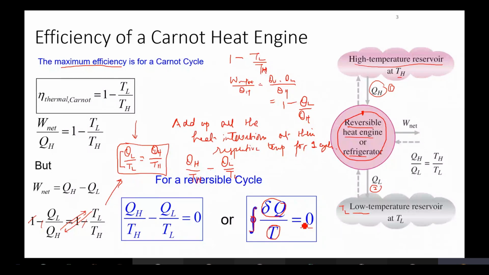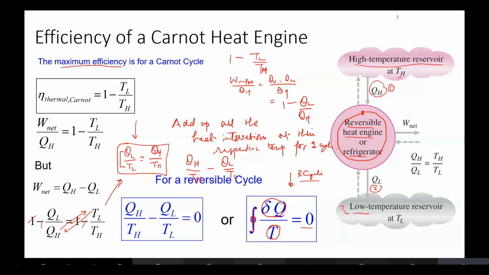Is this point clear to you? Yes, sir. So this is valid for a reversible cycle, that the cyclic integral of heat additions with regard to their temperature is essentially equal to 0 for a reversible cycle. Does this make sense?